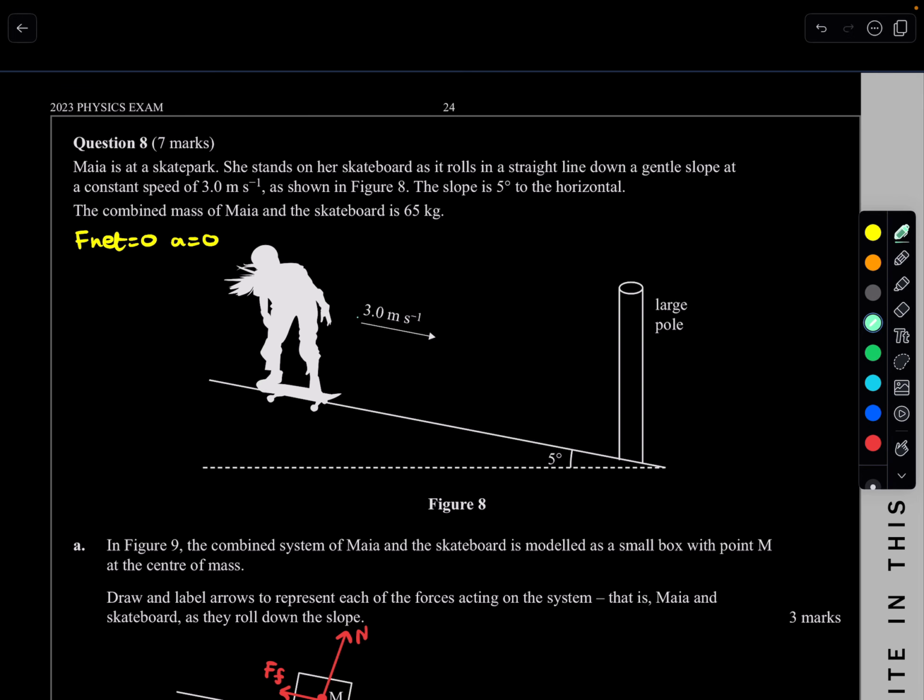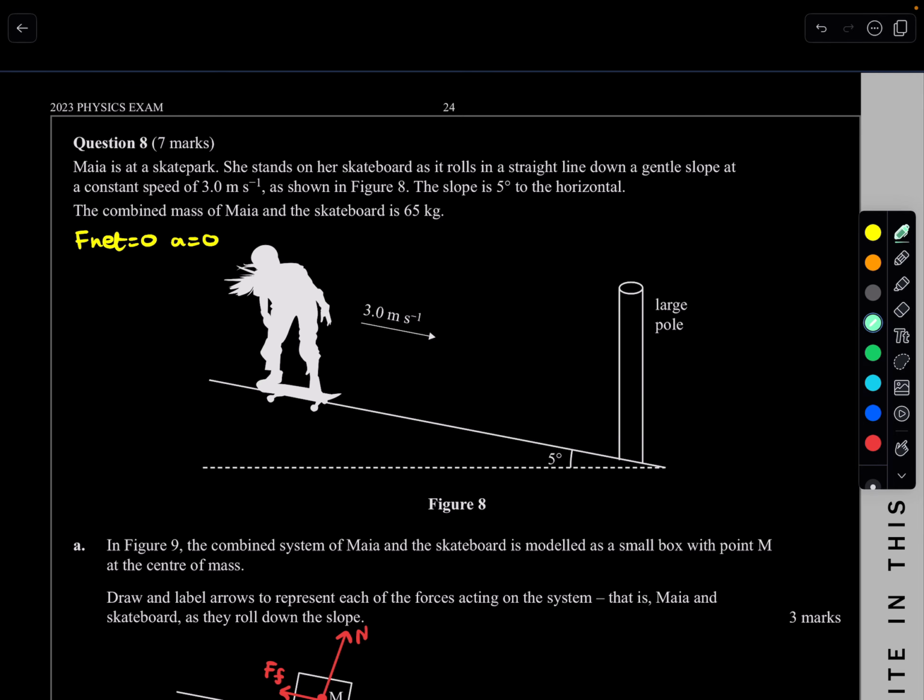So when she collides and holds this thing, momentum is going to be given to the large pole, and the large pole is going to give that momentum to the Earth itself. That's where the momentum actually went. It's gone to the ground, the Earth. A lot of students maybe don't know that, but remember, this question came up in the VCAA 2021 Northern Hemisphere.